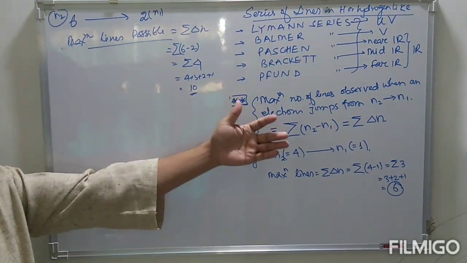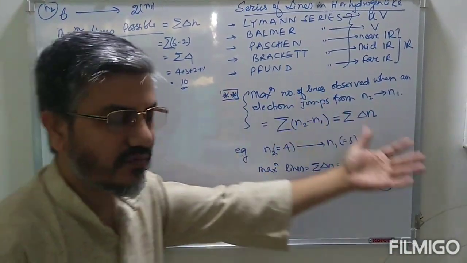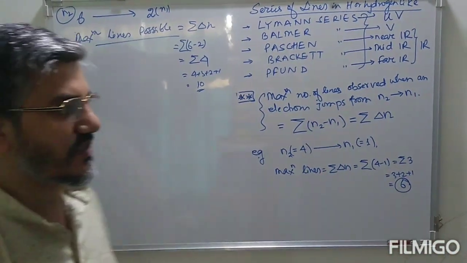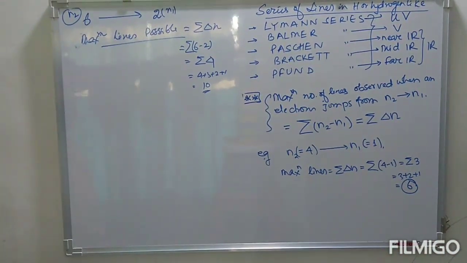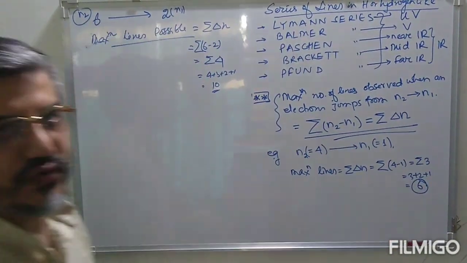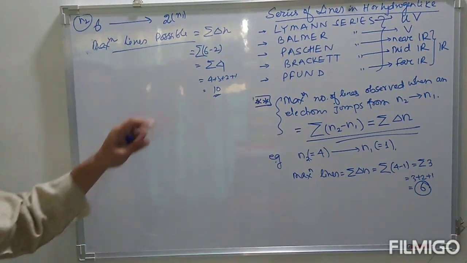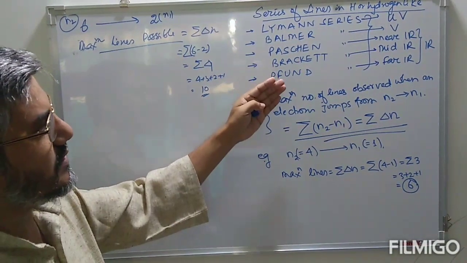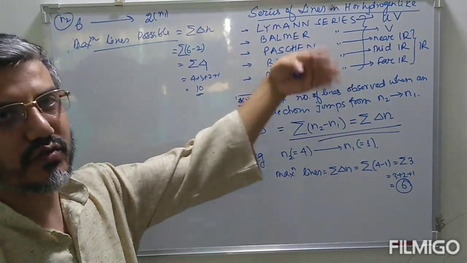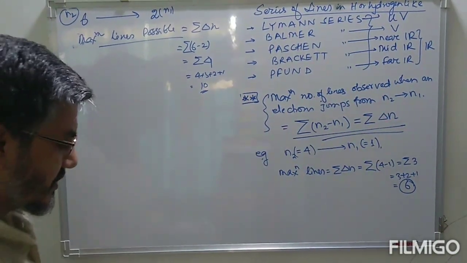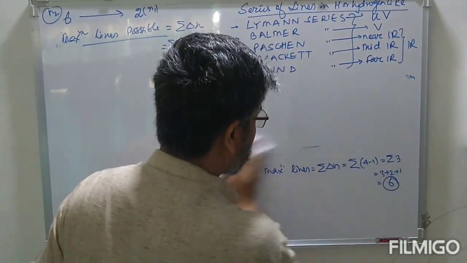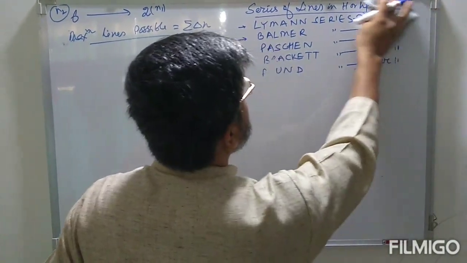So this is how to find the number of lines possible when the electron is undergoing the excitation process. So the formula is summation of delta n that is to be used. Now these are the 5 different series observed for hydrogen or hydrogen-like species. Now diagrammatically this can be shown in this way.